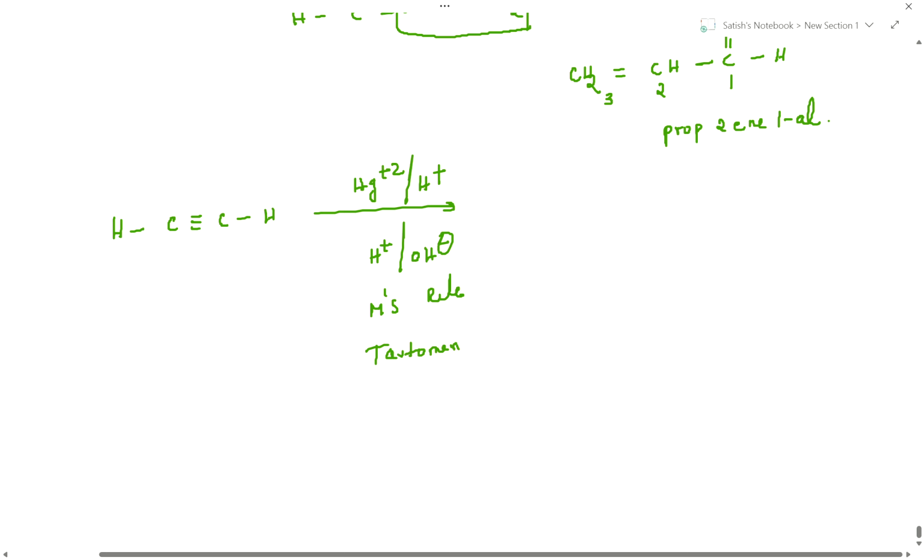This is not an unsymmetrical alkyne, it is a symmetrical alkyne, so no problem. Simply you can write H plus, OH minus. This OH minus may attack here, this H plus may attack here. They will give a sequence question like this: you will get A, A further reacts with OH minus, what is B? Like that they will ask.